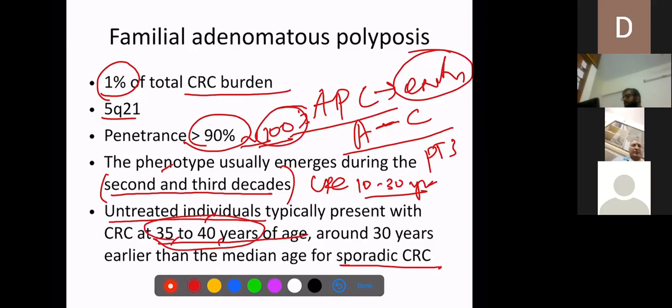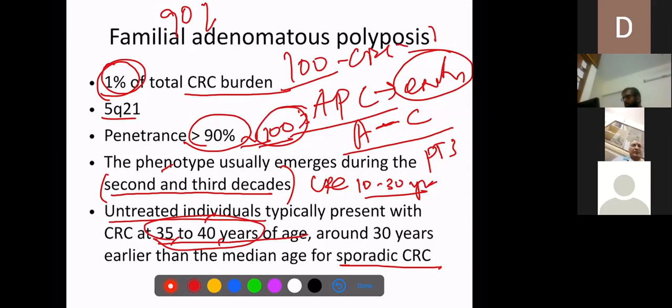So when compared with sporadic CRC, I told you it is going to be only 1% of the burden. That means if 100 cases of CRC develop, only one case is due to FAP. The rest of the cases are due to some other syndrome or sporadic. Most common is sporadic. 90% is sporadic. Most cancers, breast cancer, colorectal cancer, any cancer, are mostly due to environmental change. It's sporadic.